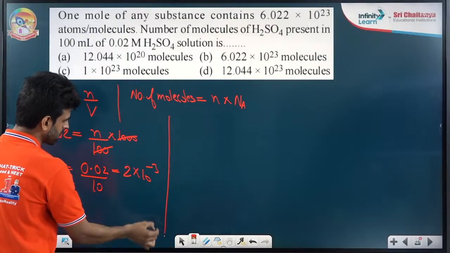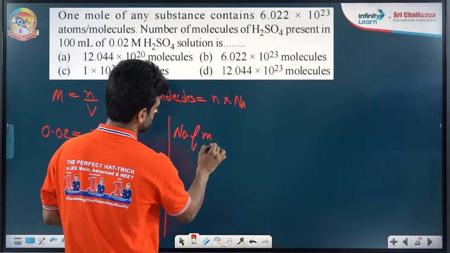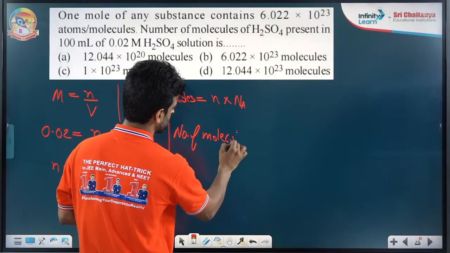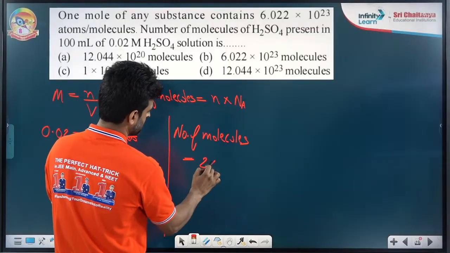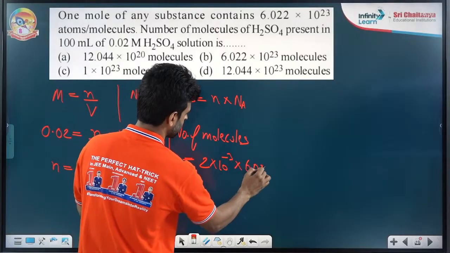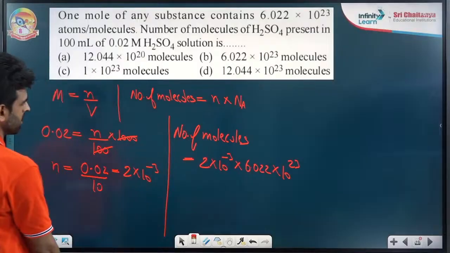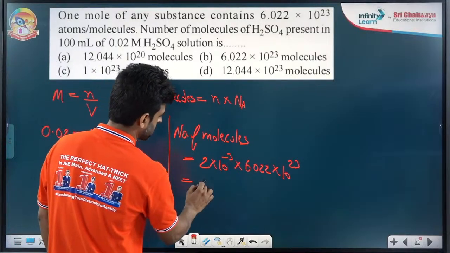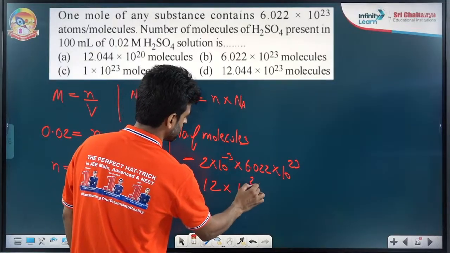So what's the number of molecules? I am saying number of molecules, because in the question they are asking molecules, not moles. So 2 into 10 to the power minus 3 times Avogadro number, 10 to the power 23. You can see from here, this will give you almost 12 into 10 to the power 20.